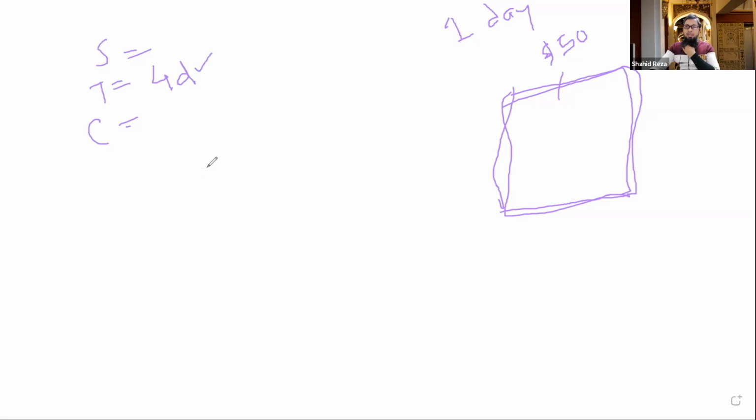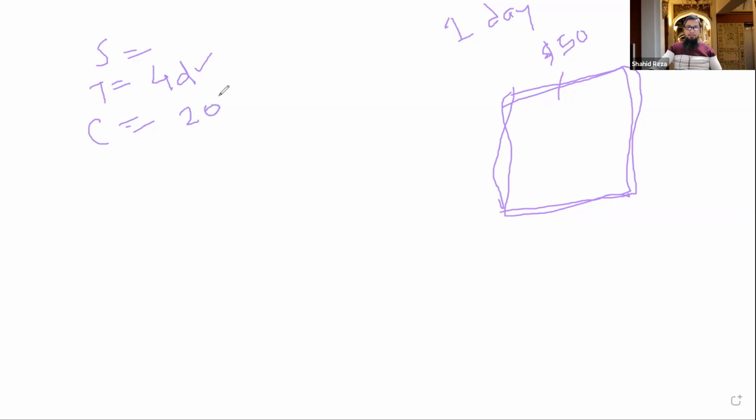And how much money we need to complete the wall? Per wall we need $50. So 4 walls, how much we need? So $200.